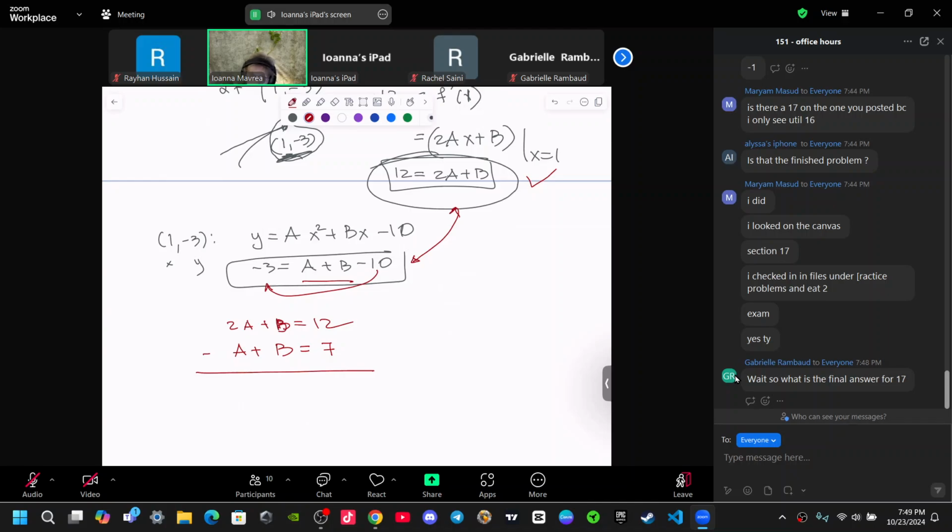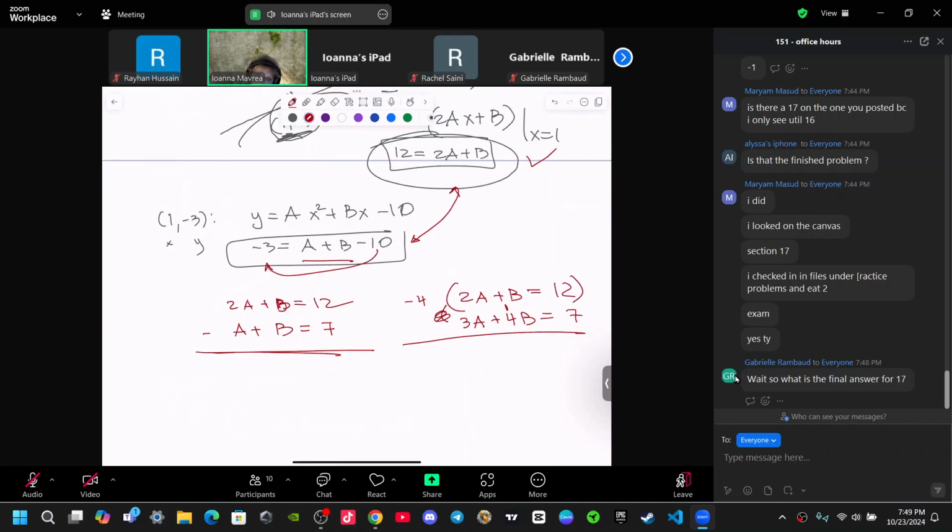But if that was not the case, if this was like this and that was like that, then I just want to make either the a's opposite coefficients or the b's. It would have been easier to do the b's. I would multiply this by -4, so the b's would be opposite, and then I would add. In this case, it's easy. I just subtract: 2a minus a is a, b minus b is 0, 12 minus 7 is 5.